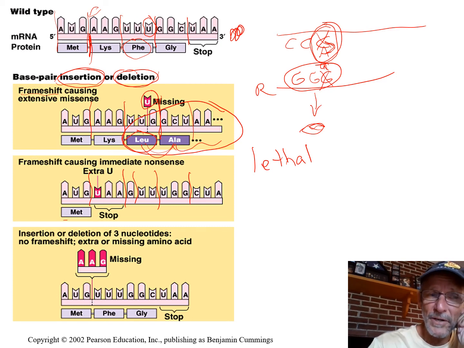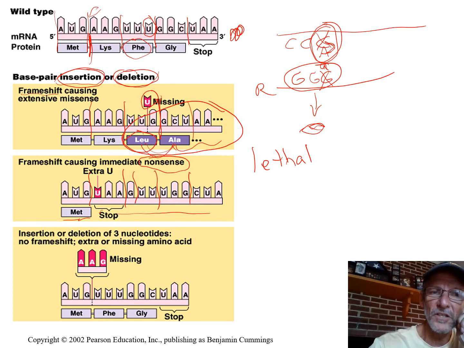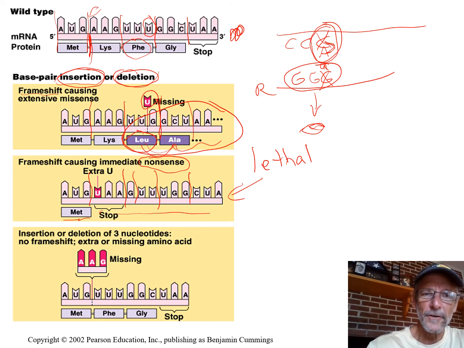This protein is going to be really short, right? And so in this case, this, for no great reason, is called a nonsense mutation. I don't know why they chose that word. It is one where an early stop codon comes to be, and that could be because of a substitution, because of an insertion like this, or a deletion like this. That could happen at any one of those, but this is also going to be a big change.